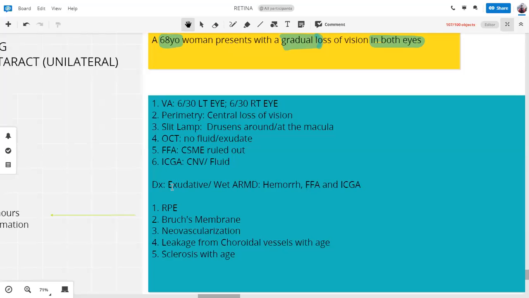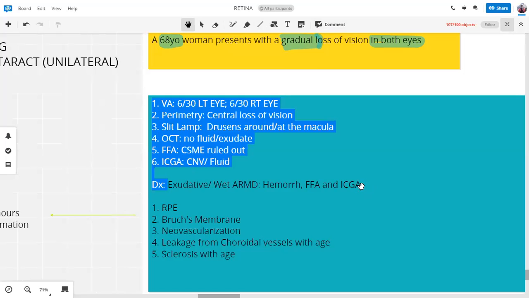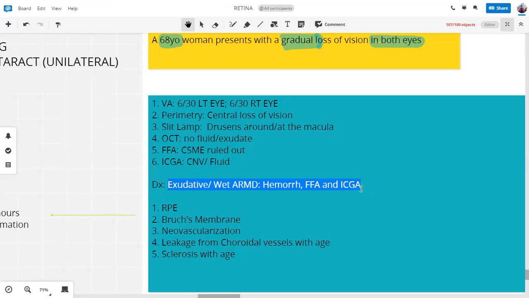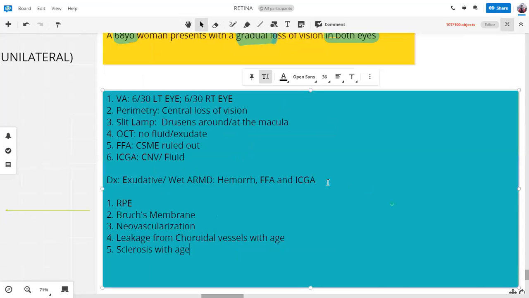So based on these signs, these symptoms and these investigations, what will be your diagnosis? ARM. What is your diagnosis?